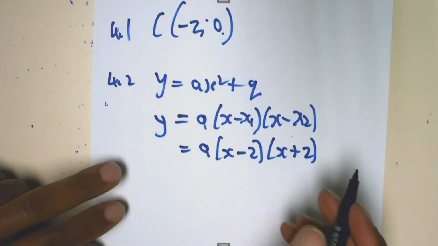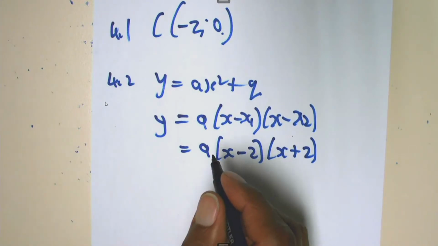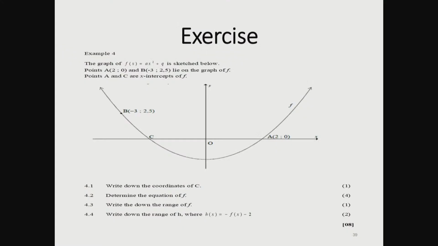Then from there, we have one point on the graph, the point I'm referring to here. We're going to substitute the point B, where x is minus 3 and y is 2.5.